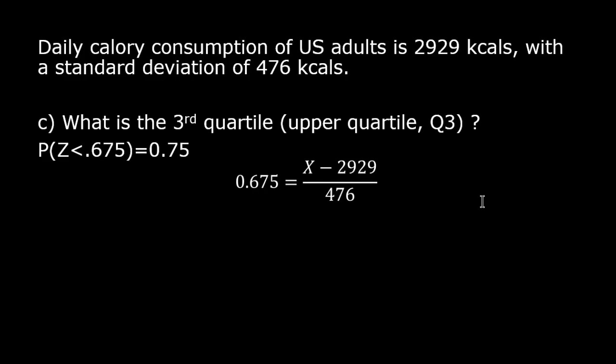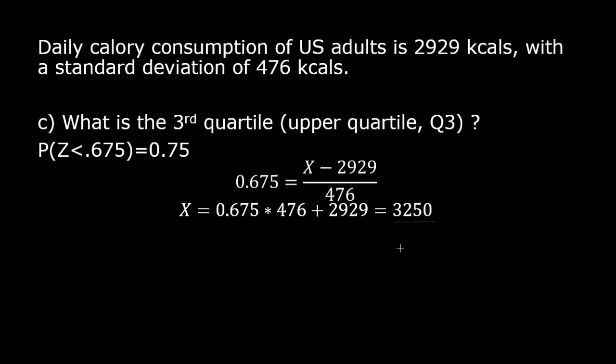And this is not that hard to solve. You just have to multiply 476 on both sides. So this cancels, and you add this to the other side, right? So that will give you 0.675 times 476, and you have to add the 2,929. And if you do this with a calculator, you will get 3,250. So the third quartile will be 3,250.